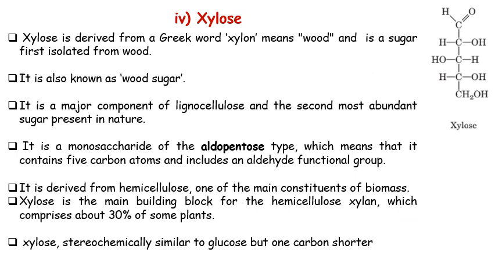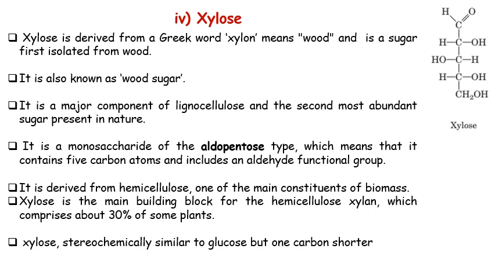After xylulose, the next one is xylose. Xylose is derived from a Greek word xylon, which means wood. So it is a sugar that was first isolated from wood. Based on this, xylose is also called wood sugar, because it is obtained from wood.